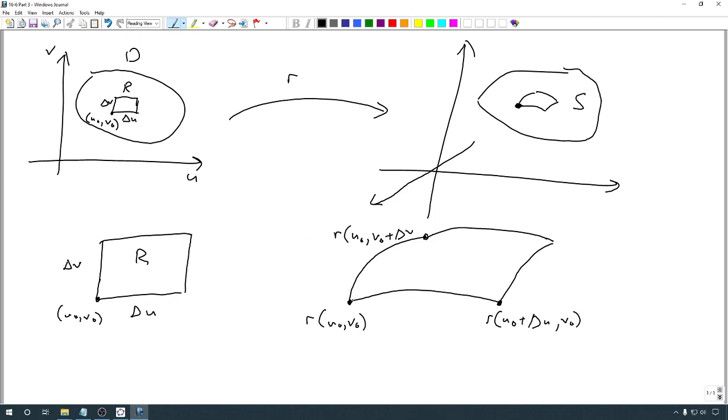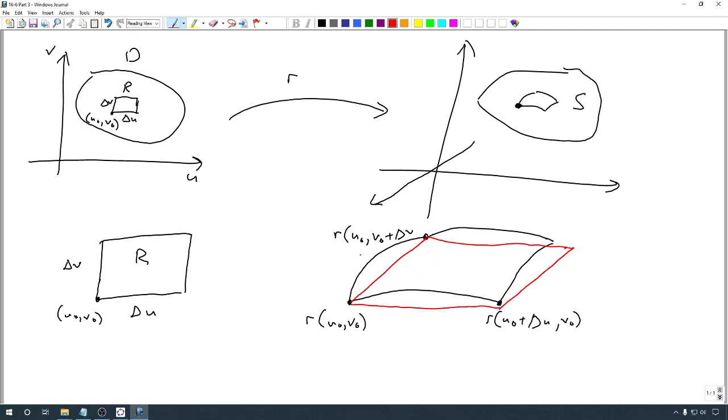Well, let me do this in another color, maybe it'll stand out a little bit better. Let's think about connecting this base corner to these other corners. I'm essentially going to view these as two sides of a parallelogram. And if I complete that parallelogram, I might not actually end up meeting over there. So let's have it off a little bit.